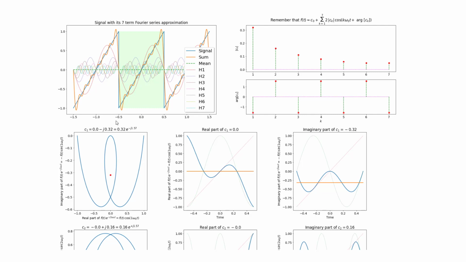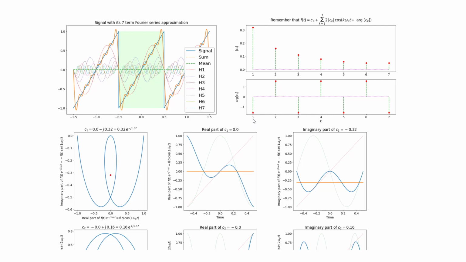You can also work with a polar expression of C1. Obviously, the modulus will be 0.32, and since the real part is 0 and the imaginary part is negative, you'll have an argument of minus pi over 2. The reason why we like to work like this is that you can represent this in a so-called line spectrum. So here you see the indices k.